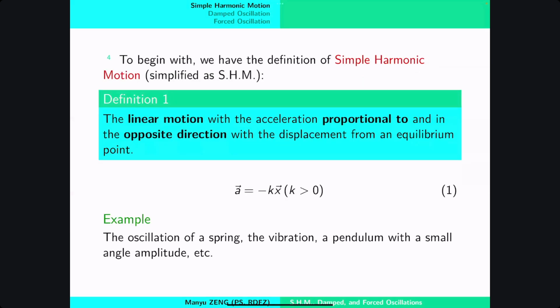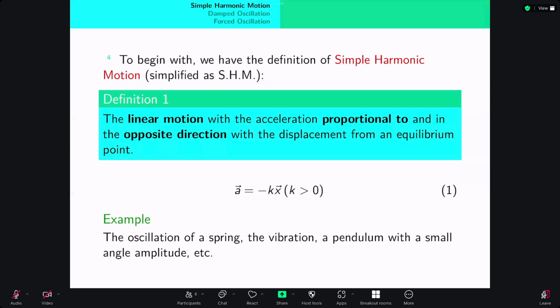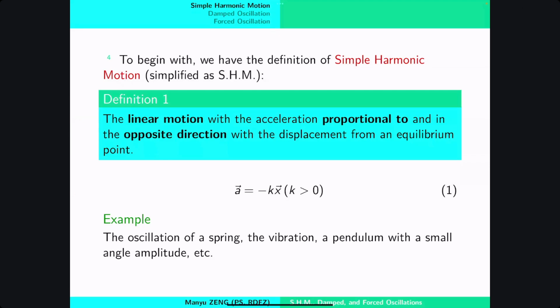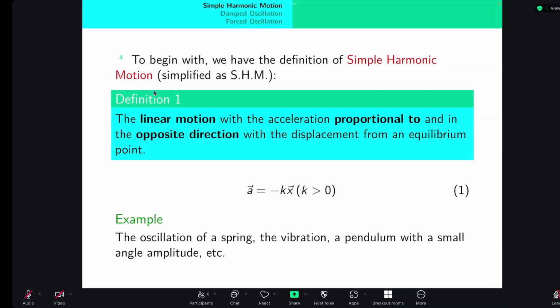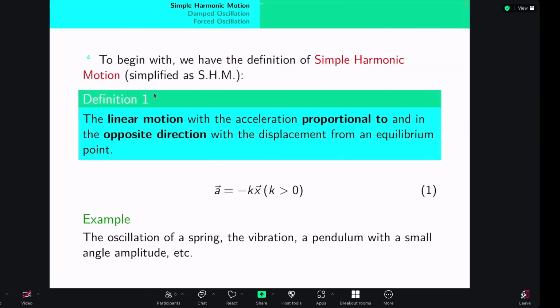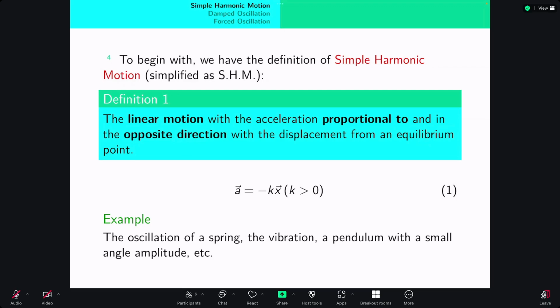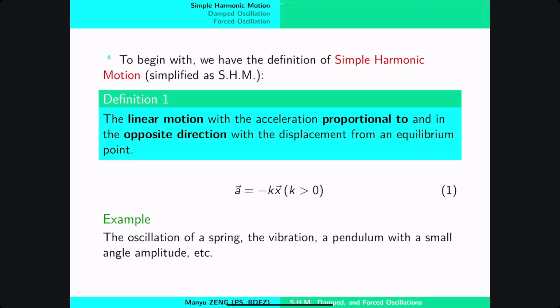So there are some examples. The oscillation of a spring. The spring has a natural length, and that's the equilibrium position. If you stretch the spring from its equilibrium position, you lengthen it, and it will tend to go back to the equilibrium position.